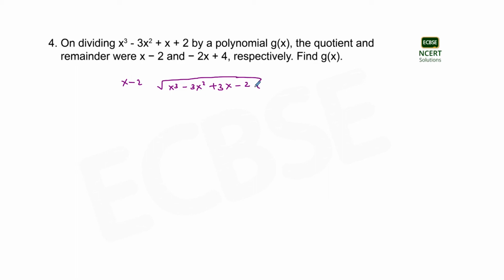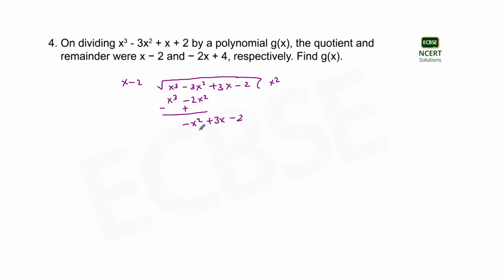Now, if we divide the first term of the dividend by the first term of the divisor, the term which we obtain is x^2. So multiplying x^2 with the divisor, we obtain x^3 - 2x^2. And now subtracting the second polynomial from the first polynomial, we obtain -3x^2 + 2x^2, which comes out to be -x^2 + 3x - 2.